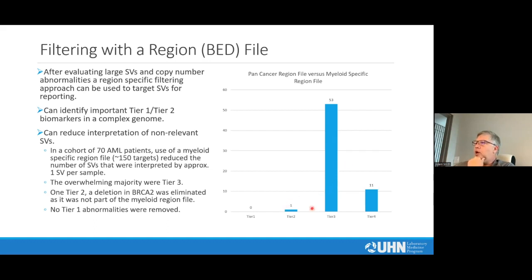There was only one gene that ended up landing in tier 2, and this was a deletion of BRCA2. Obviously there's some discussion about hereditary predisposition to leukemia here, and whether we should be adding a set of hereditary genes. That's also open for discussion. But most importantly, no tier 1 abnormalities were removed when we used this myeloid region filter. I think that was a really important step.